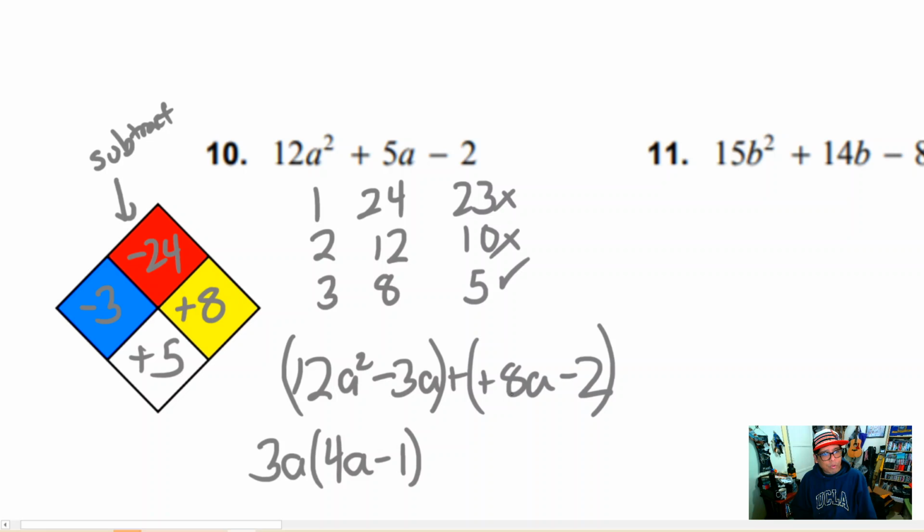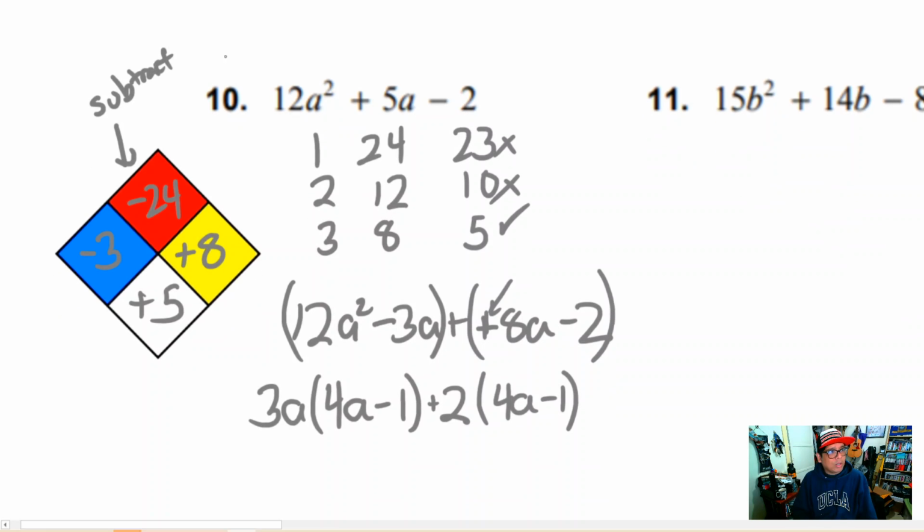In the second grouping, 8 and 2, it looks like I can factor out a plus 2. I know it's a plus because of the plus sign right there. And what do I get? 8 divided by 2 is 4, and 2 divided by 2 is 1.